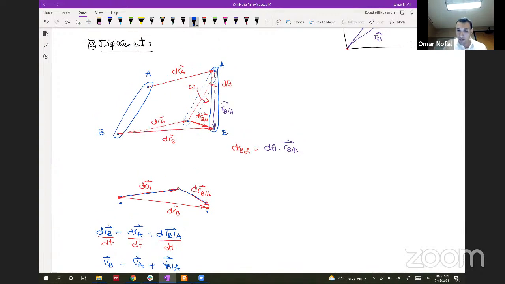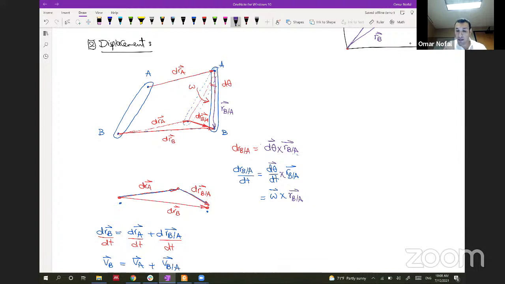So we can have this from here. Let's have dRBA over dt. It will be d theta over dt multiplied by RB with respect to A. So we just differentiate this term, and we know that RB is constant, it is not changing in magnitude. So this will be equal to omega crossed product by, and actually, if we want to have it in the vector term, it will be something like this. And this is RB with respect to A. And that's true.